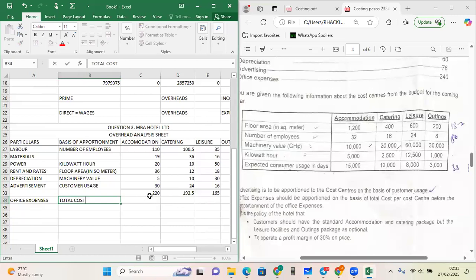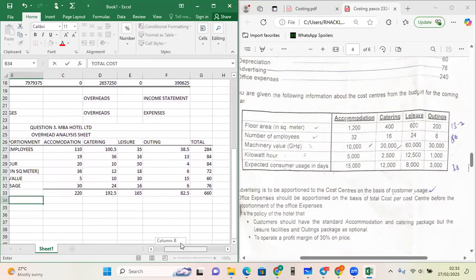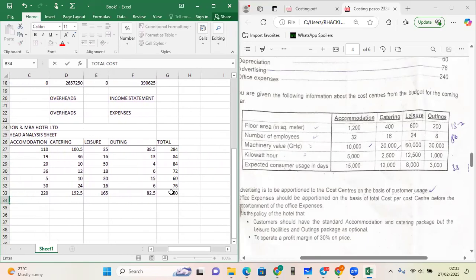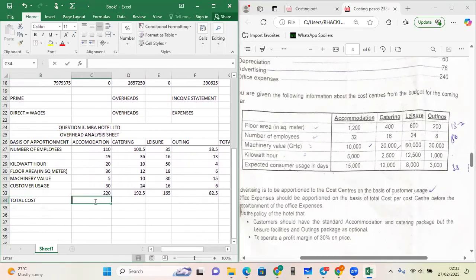Right, so this is the basis of apportionment. We are going to apportion it on the basis of the total cost.